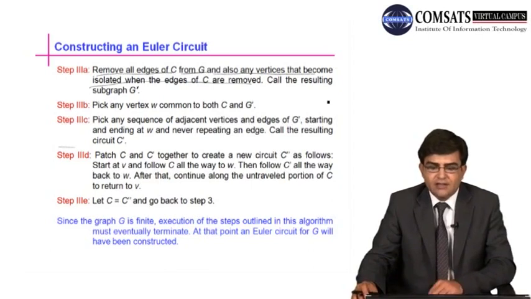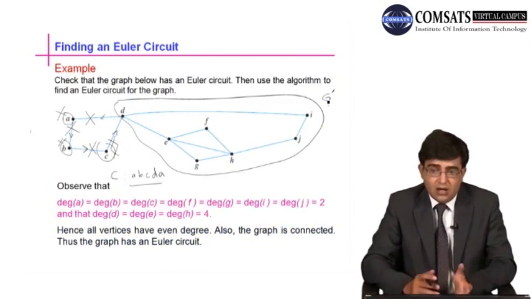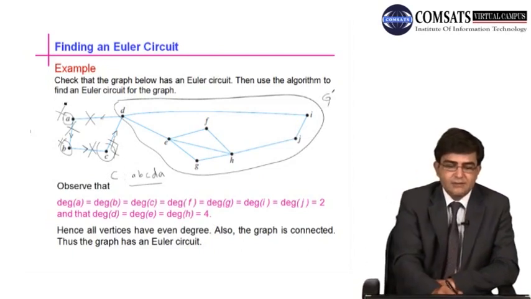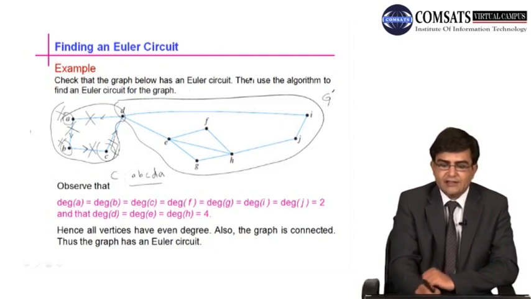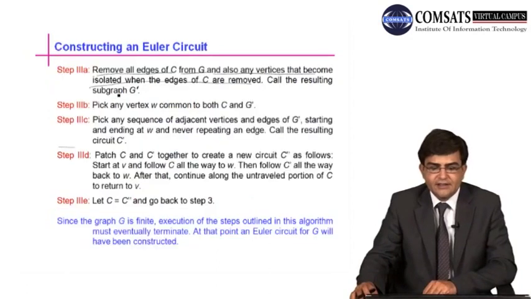Now what are the common vertices of C and G dash? Because this is basically C and this is G dash. What are the common vertices? D is here, which is a common vertex in C and G dash. So we pick up D here in the step 3b.